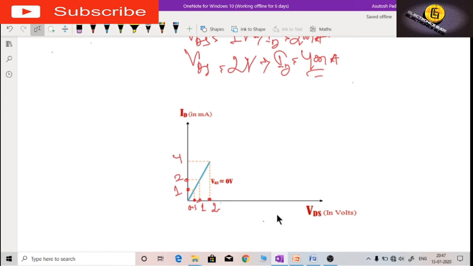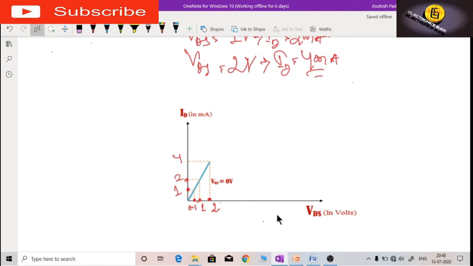The shape of the graph is a straight line passing through the origin. That means this is a linear graph. The graph is similar to the graph drawn in Ohm's law. That means here our JFET is obeying Ohm's law and behaving like a perfect resistor. Here comes the question: will this behavior also be true for the higher voltages of VDS?